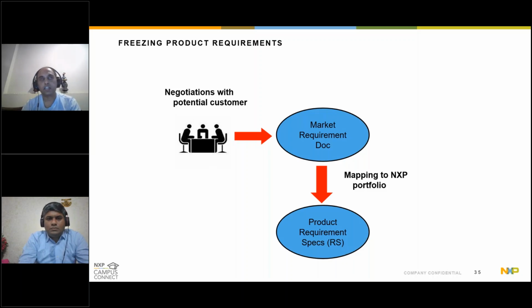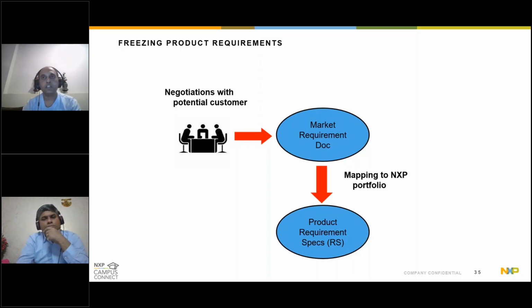So an end customer may say, today I'm running a car where I have to apply the brake manually whenever I see a pedestrian, right? In my next generation vehicle, I need the vehicle to apply the brake by itself when any pedestrian comes there. He may say that today I can run this many audio video equipments in my car, but I want to enable this many new types of devices in my next generation car.